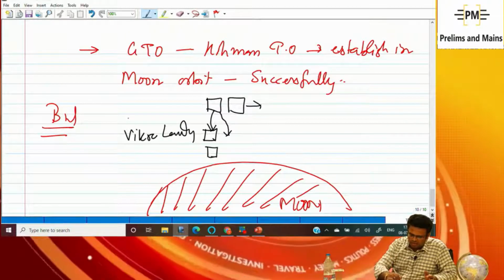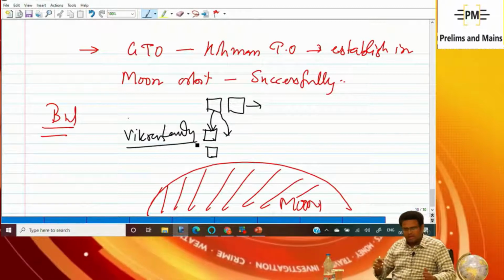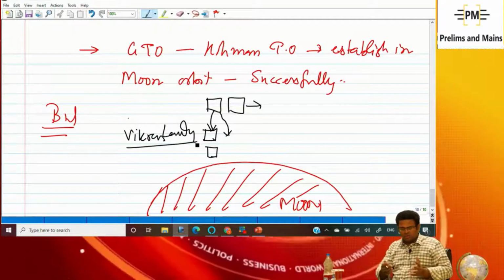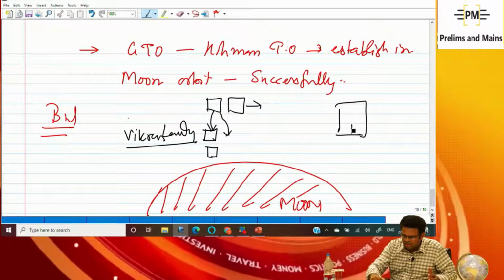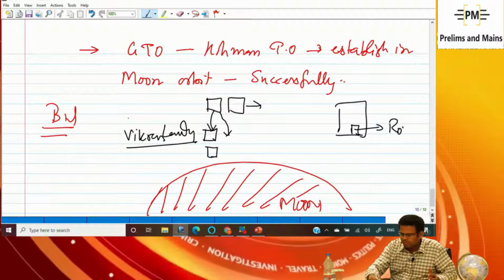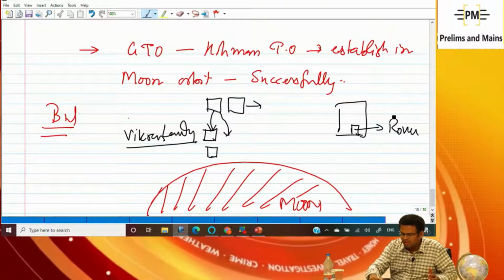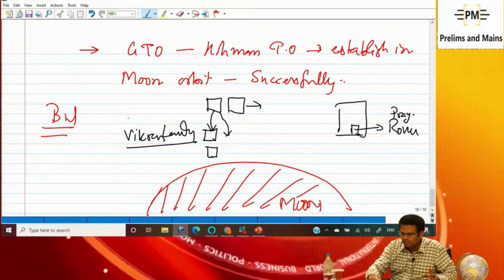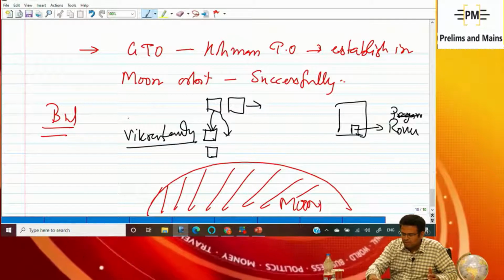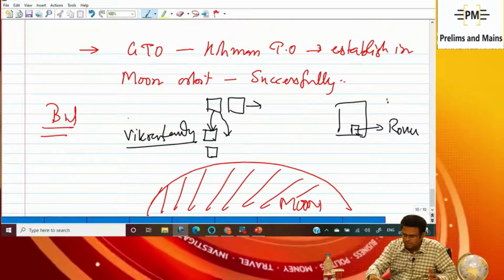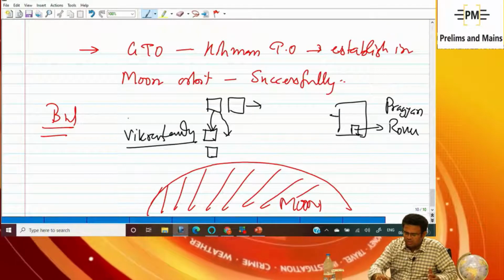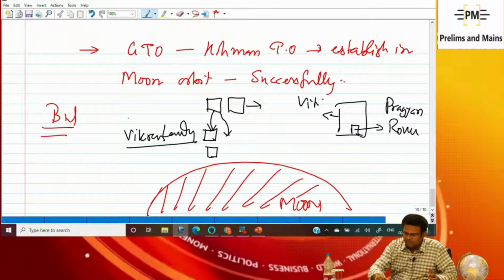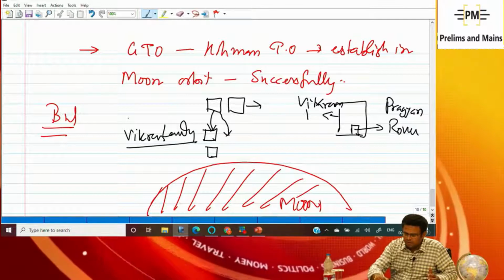Vikram Sarabhai ke naam par Vikram lander. Inside the Vikram lander there is a rover, and its name was Pragyan rover, and this is your Vikram lander.